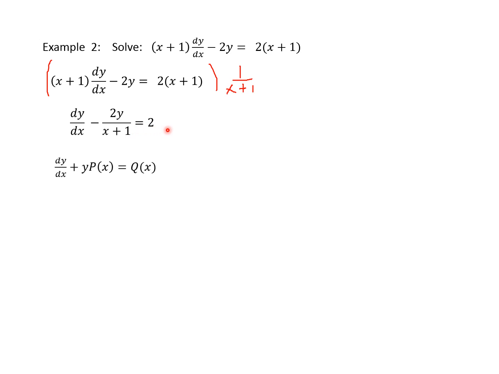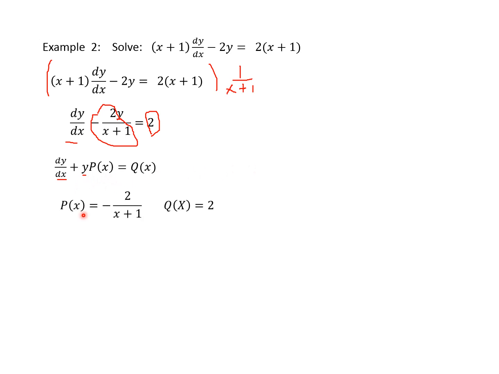Now, does it take the form dy/dx + y·P(x) = Q(x)? Notice that you have dy/dx there, dy/dx there, you have y there, you have y there, and then the rest of the function, negative 2/(x + 1) and 2, represents P(x) and Q(x) respectively.